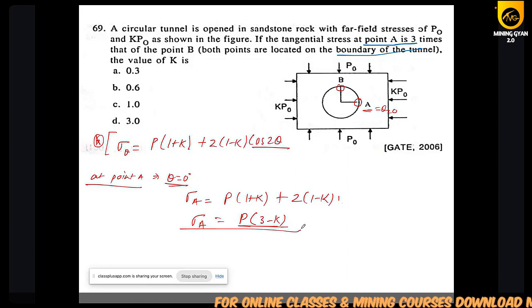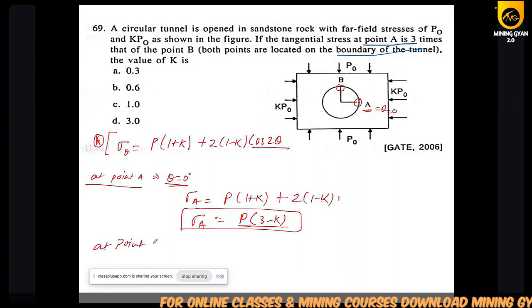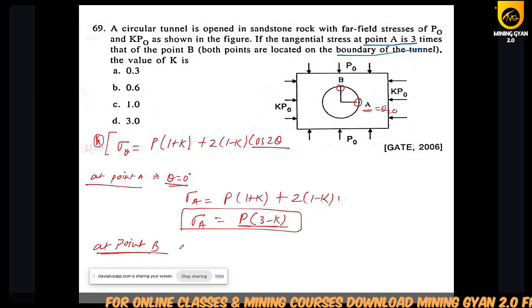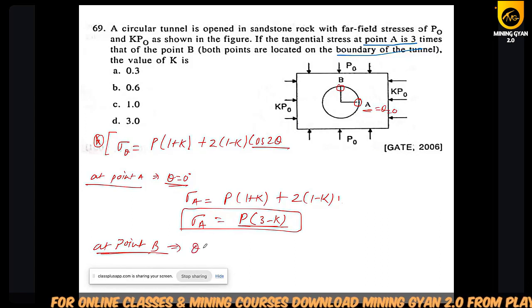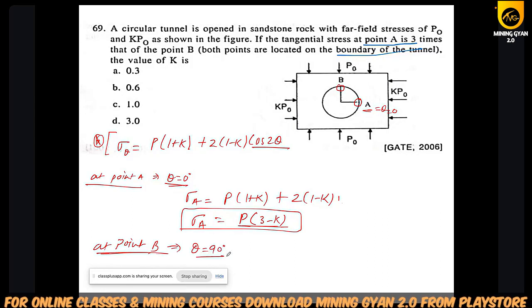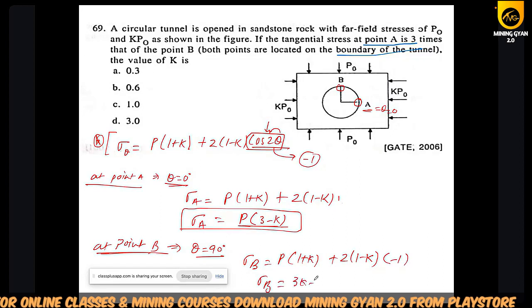And point B is also situated at the boundary, so theta equal to 90 degree. So when you put in sigma b, P/2 [(1 + K) + 2(1 − K)], and when you put theta equal to 90, it becomes 180, and cos 180 means minus 1. So sigma b equal to P/2 (3K − 1).